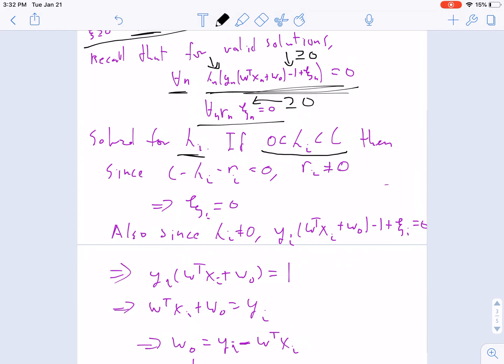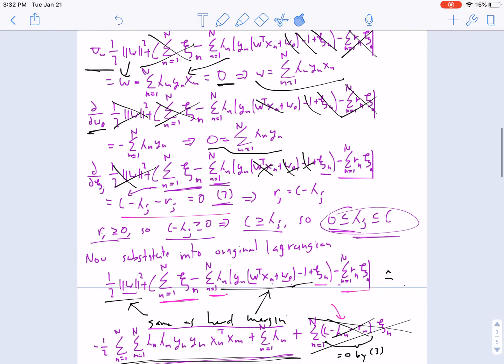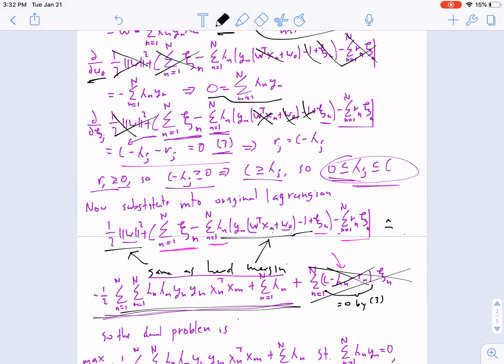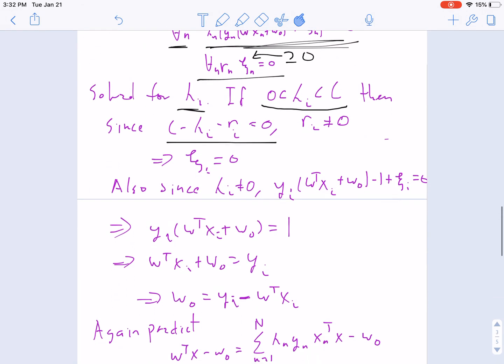So recall that we showed that for any data point, C minus lambda i minus Ri is equal to 0. Remember, we showed this when we were differentiating. That's this condition right here, condition number 3, when we differentiated with respect to the slack variable. And so that means that Ri is not equal to 0 because lambda i is not equal to C. So thus Ri must not be equal to 0.